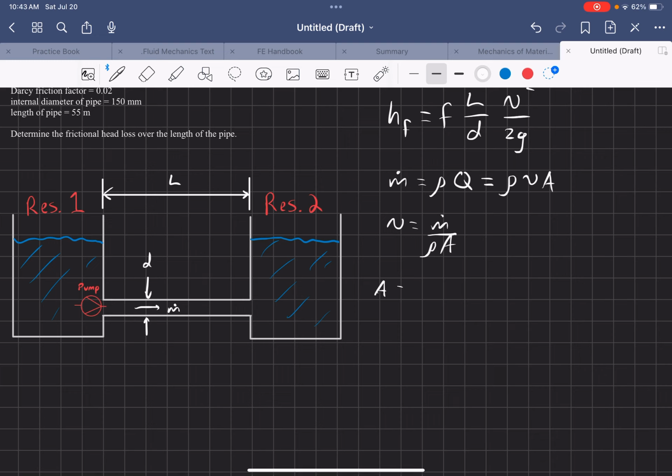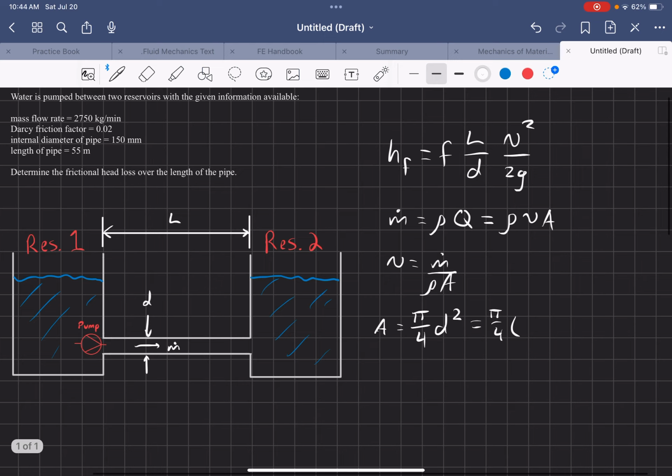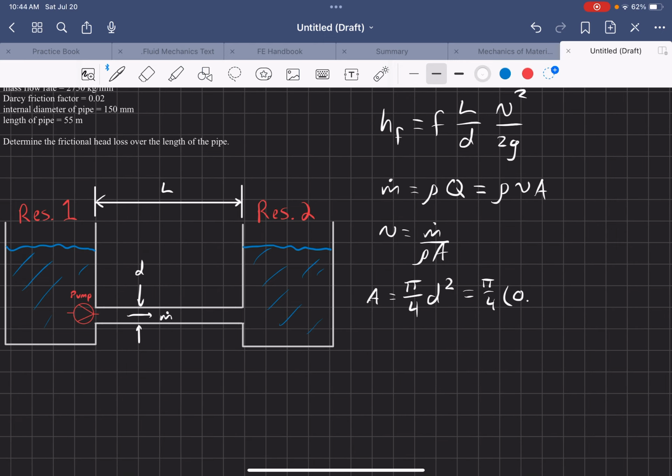The area is a circular cross-section, so it's pi by 4 d squared, or pi by 4 times 0.15 meters squared.